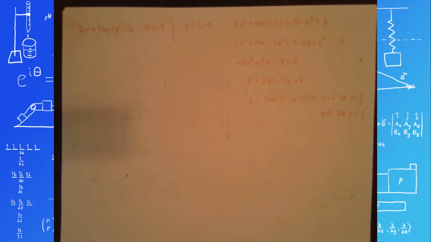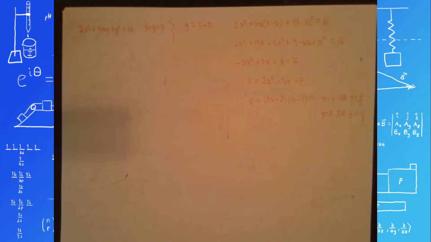I think I'd rather just use a calculator for this to save time. 2 times 3.5 squared plus 5 times 3.5 times negative 0.5 plus negative 0.5 squared. I'm getting 15.5 and not 16.